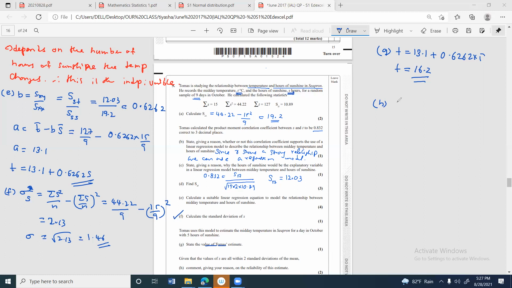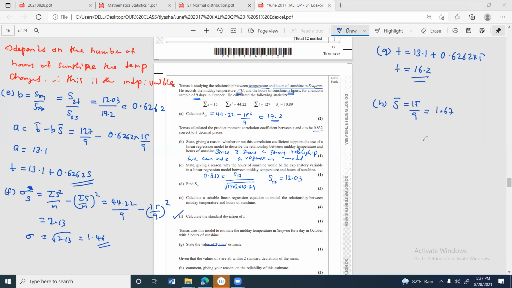Here, what is the mean value for S? S bar is 15 divided by 9. So the mean value for S is 1.67.